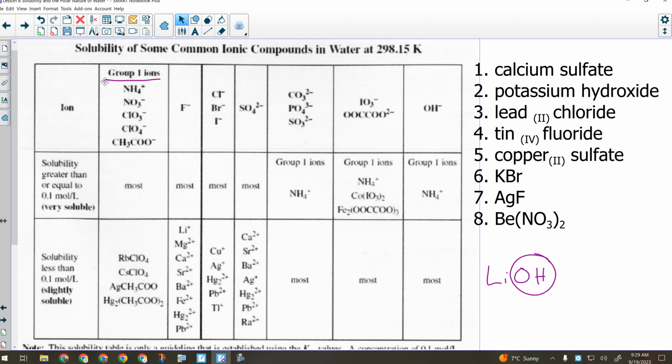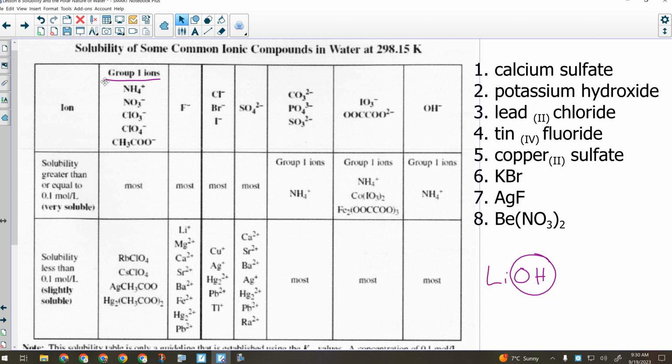The table says it is soluble with group 1 ions and ammonium, and not soluble with basically everything else, because we see most is down here in the slightly or not soluble row. So does that mean lithium hydroxide is soluble? It does, because where is lithium? Group 1. It's in group 1. Does that sort of make sense how that works?